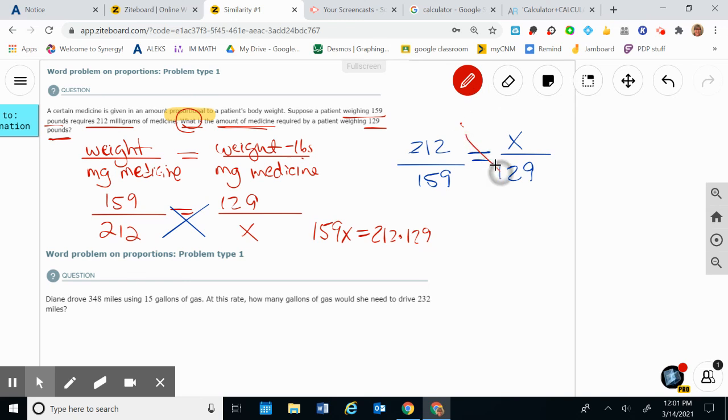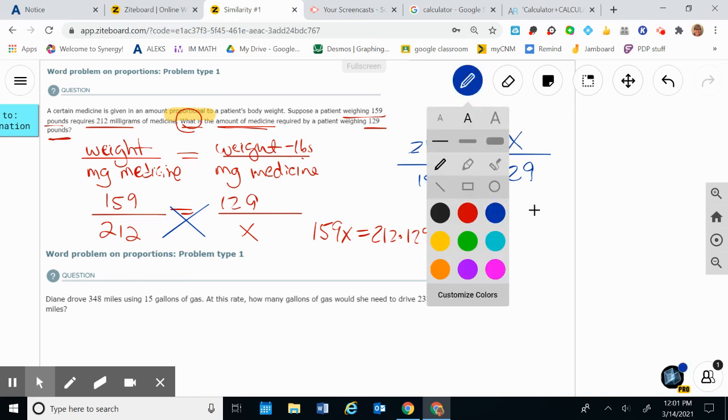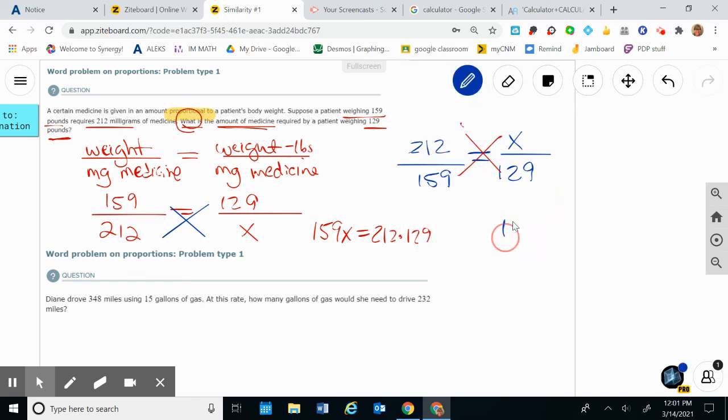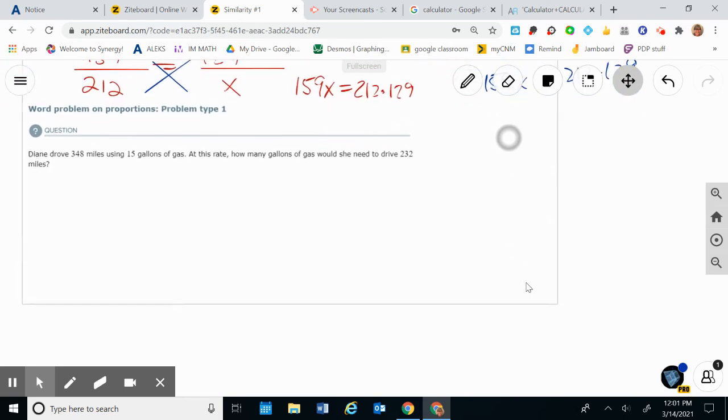But look here, you guys, it's the same. You get 159x equals 212 times 129. So the main thing, it's not about which one goes on the top, which one goes on the bottom. It's mostly about making sure that the samey-sames go in the samey-same position. Okay? So you can try the next one if you want.